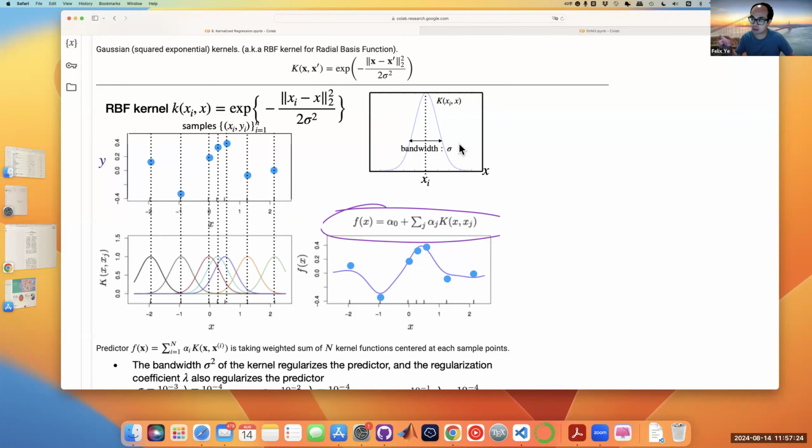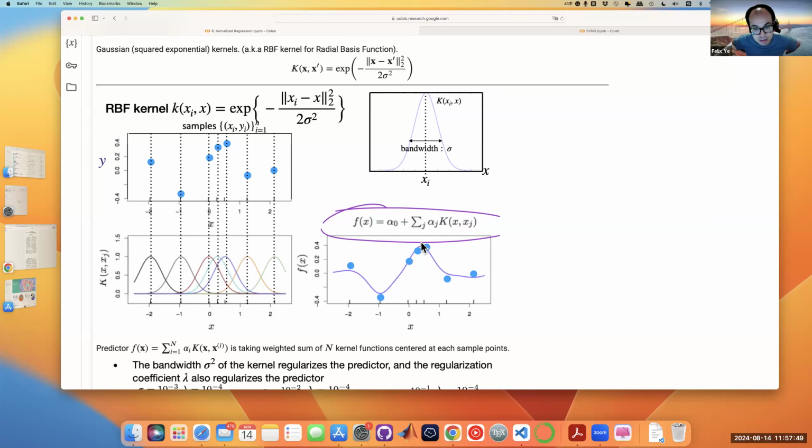Sigma here is, you can think of, one standard deviation. So we create a whole bunch of these similar Gaussian basis functions. Then the function that I want to approximate is basically a linear combination of these Gaussian functions.